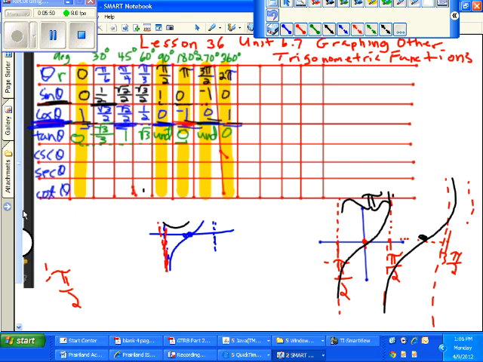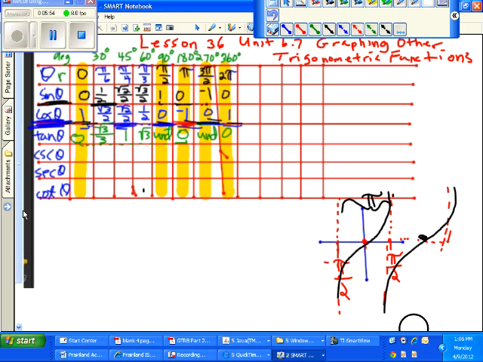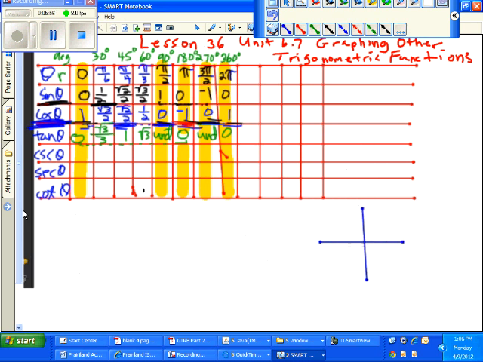Okay. Let's look at the secant and cosecant waves. Now, remember that cosecant is the reciprocal of what? Cosecant is the reciprocal of sine.